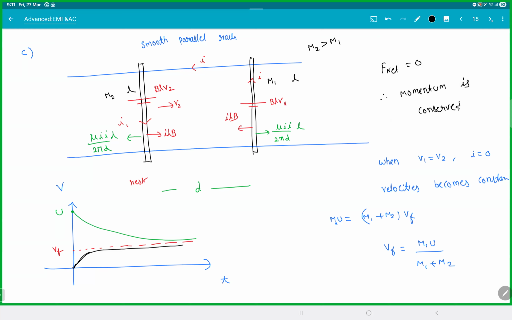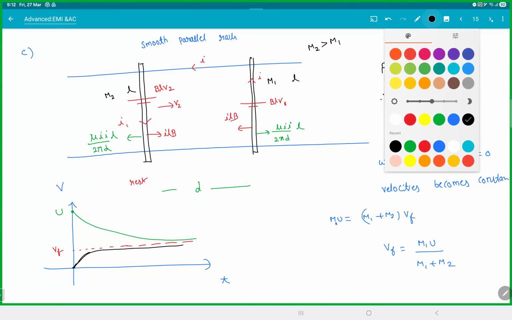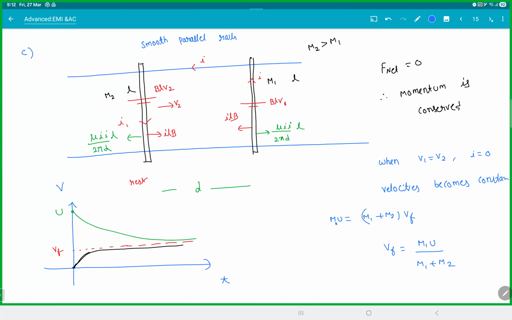You're getting it? The slopes will be different. Making sense? If M2 is very, very large, what will happen? It will reach v terminal very fast. But yes, they will take infinite time to reach. Graphs would look something of this sort.